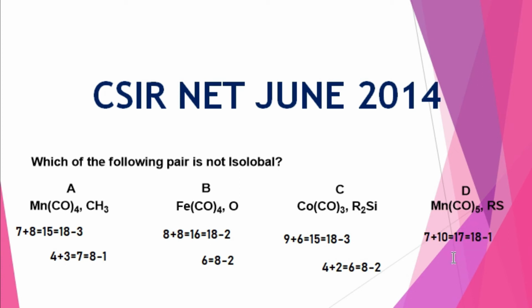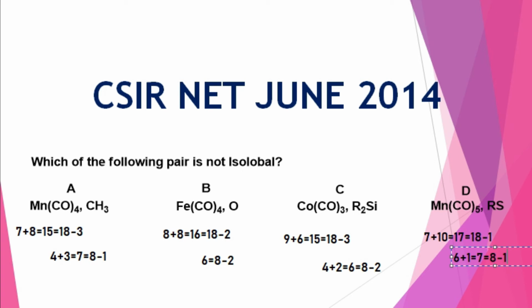Now for RS, you can say that sulfur is in a similar group to oxygen, so it has 6 valence electrons plus R, which donates 1 electron to the sulfur, so you get 7, which can be written as 8 minus 1. So Mn(CO)5 and RS are also isolobal to each other.